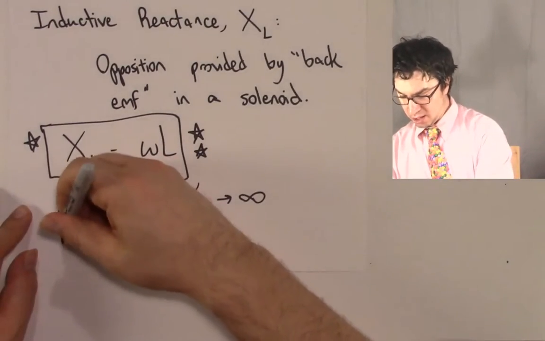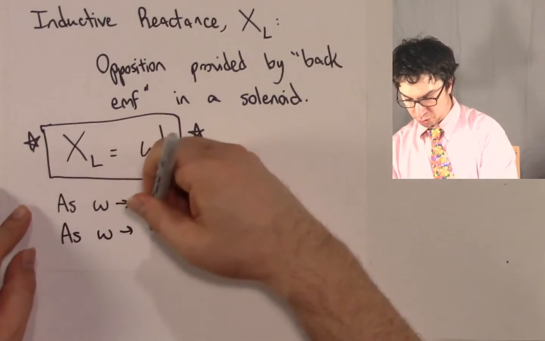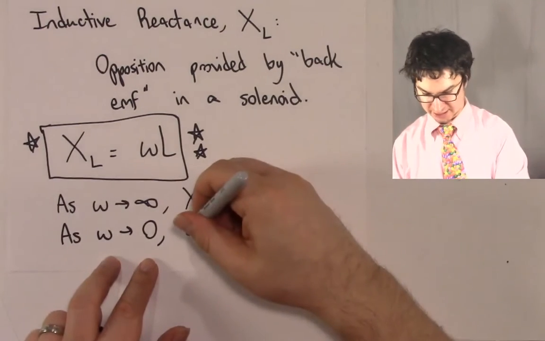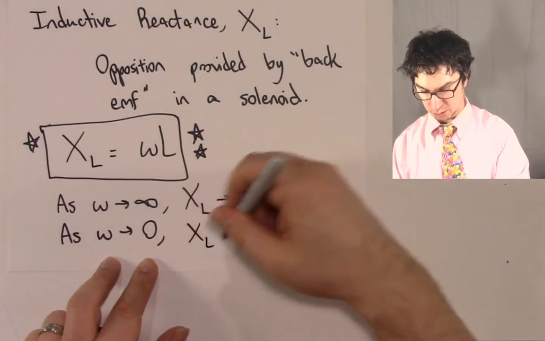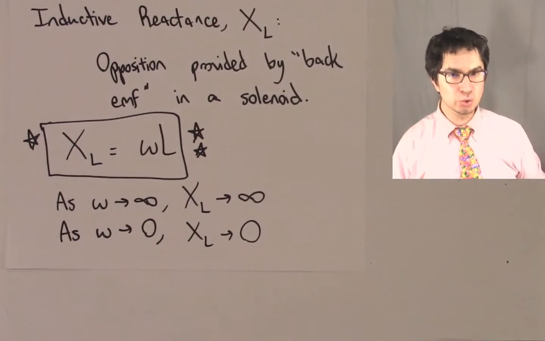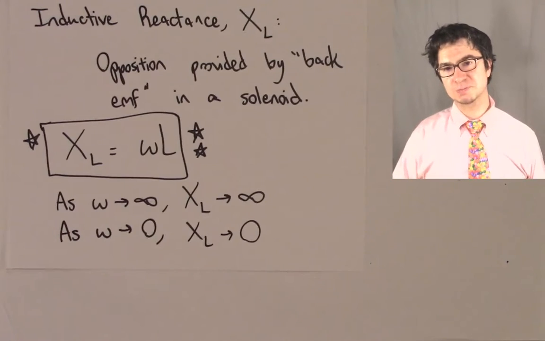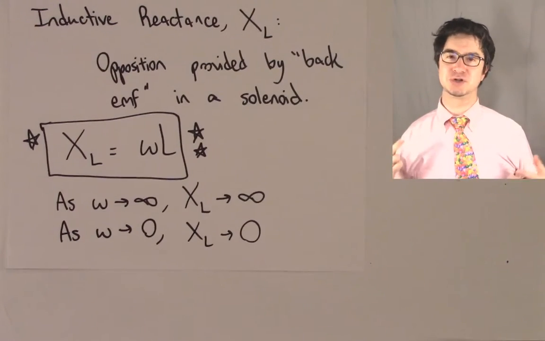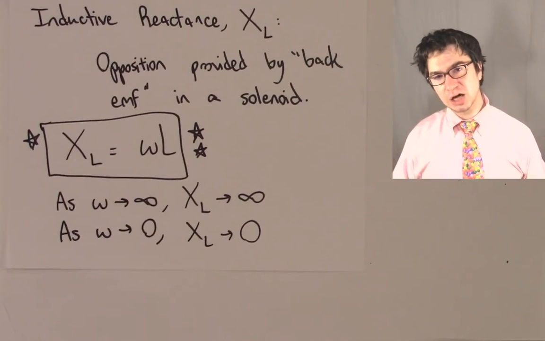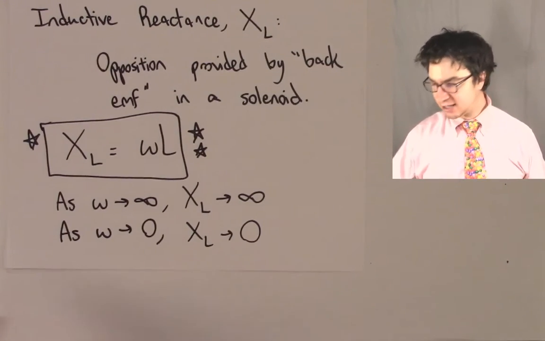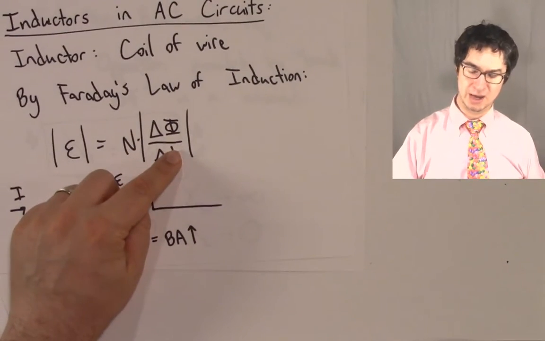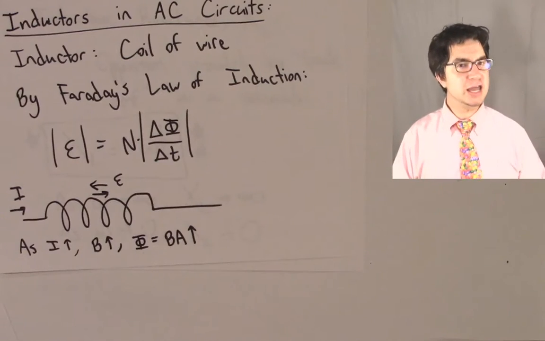What about as omega approaches 0? Well, direct proportionality dictates that X sub L will also approach 0. What does that mean? If something is rotating very slowly, then that change with respect to time is also very slow. It's very sluggish. And if it's slow, you're not going to get much of this delta phi, delta t, because there's no change happening very quickly.